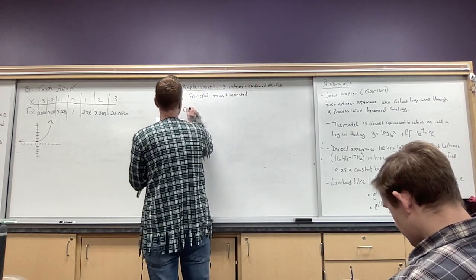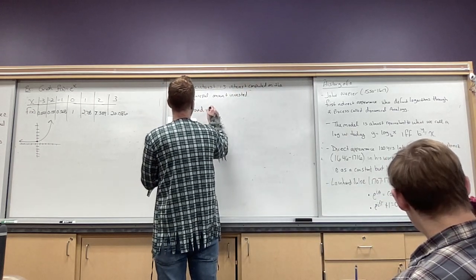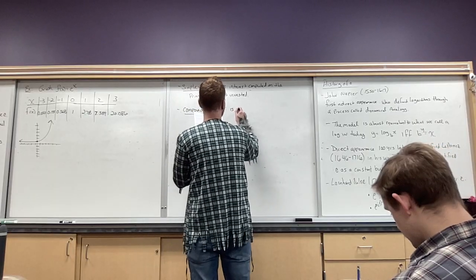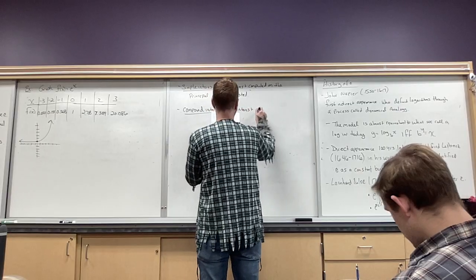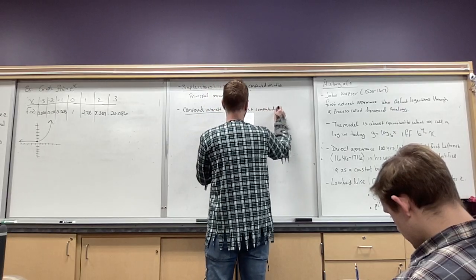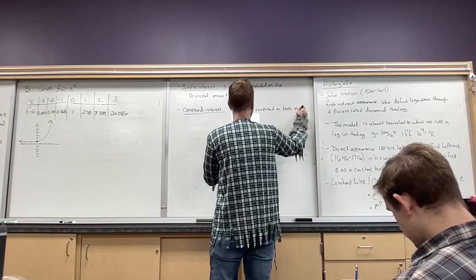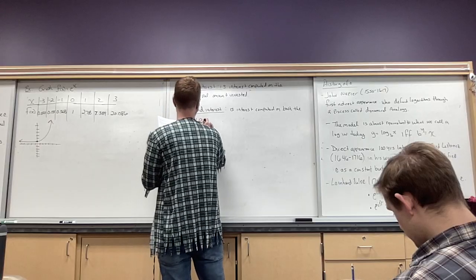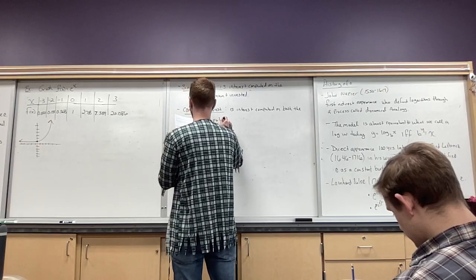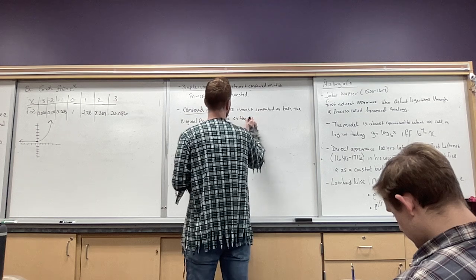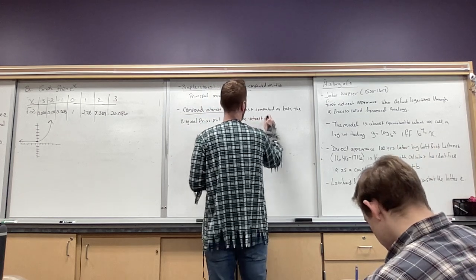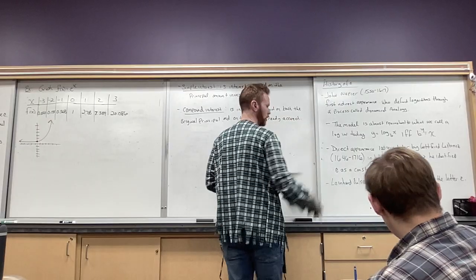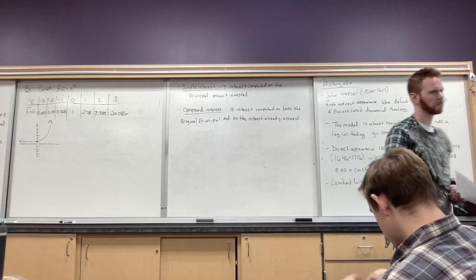Now, compound has more steps involved. Compound interest is interest computed on both the original principal, so what you started with, and on the interest already accrued. This is where loans kind of kill people, especially student loans.